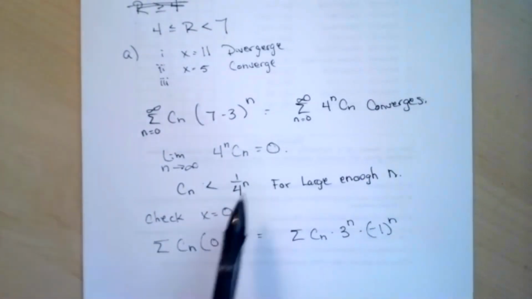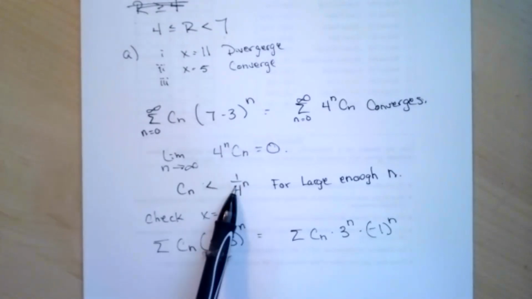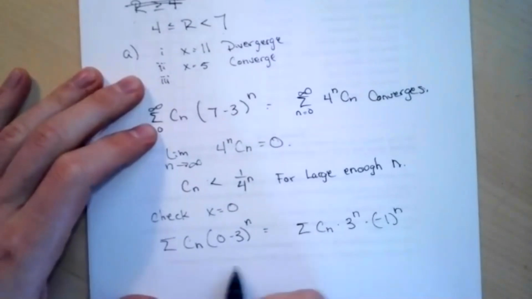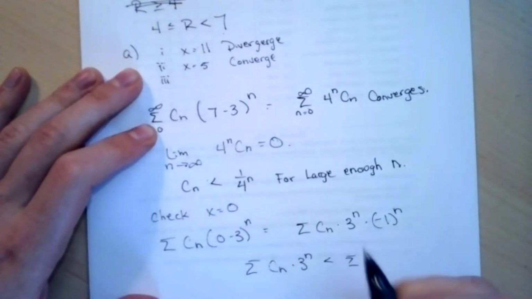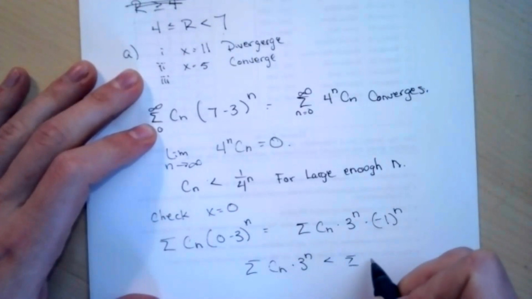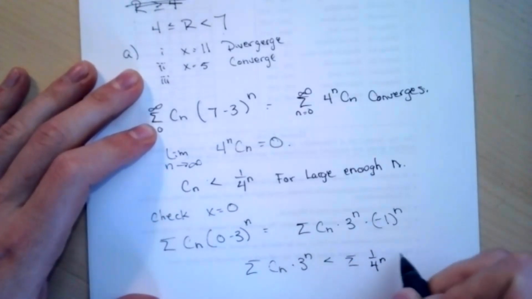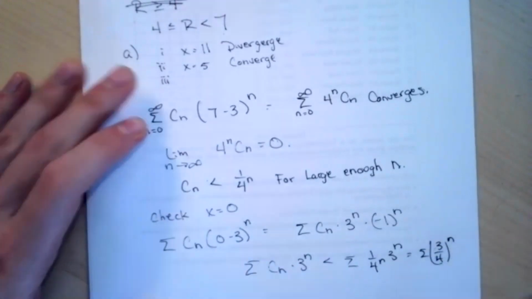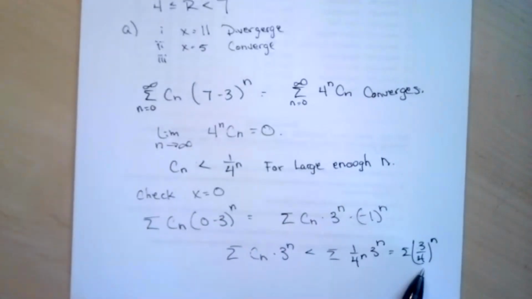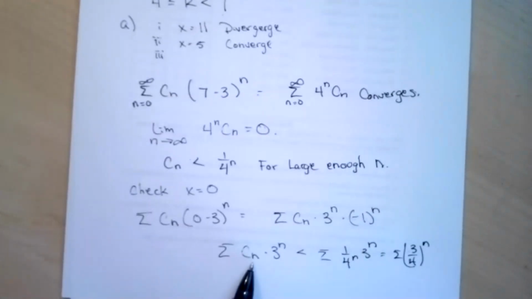It's going to get smaller even faster than this sequence. So we know that's in absolute value. This inequality will hold up to a large enough n. And that's just a decaying geometric series. And so we know this converges.